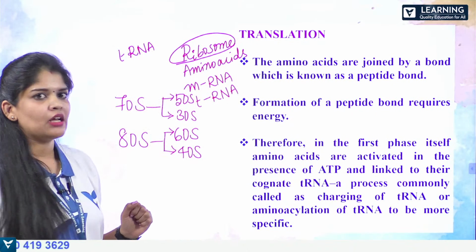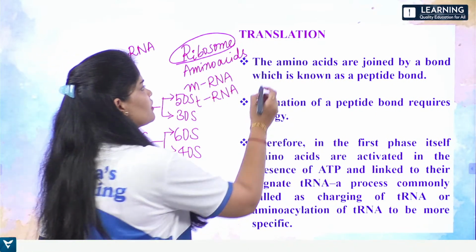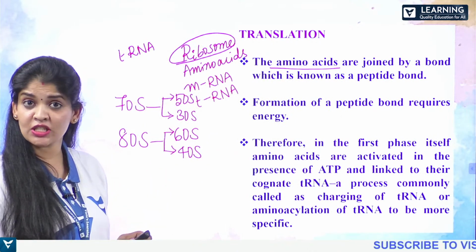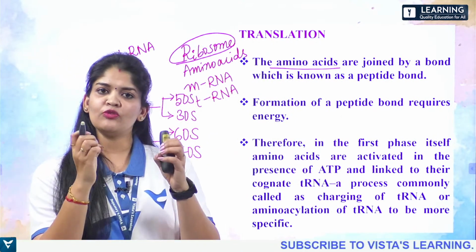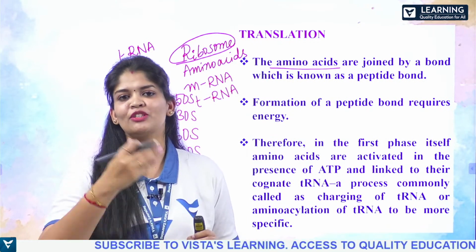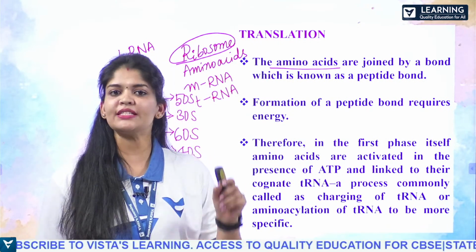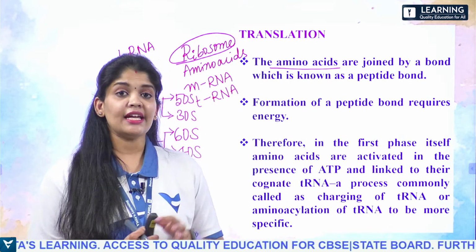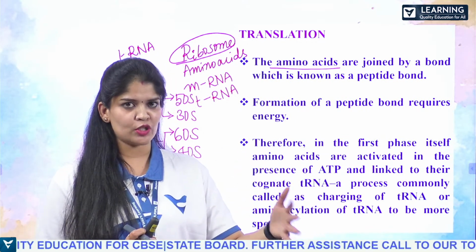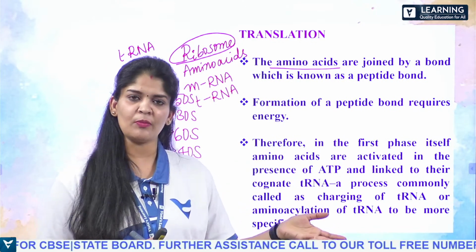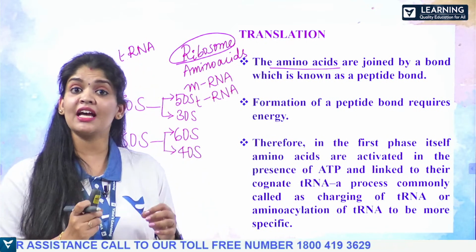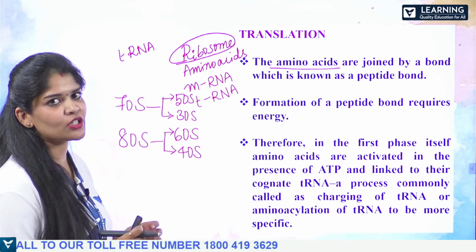Now, the amino acids are joined by a bond. Just now we mentioned that each and every amino acid will join together, linked by the formation of a bond, and that bond is called a peptide bond. The enzyme needed to accelerate peptide bond formation is the peptidyl transferase enzyme. What is it?